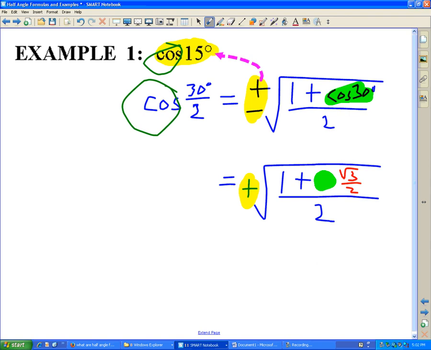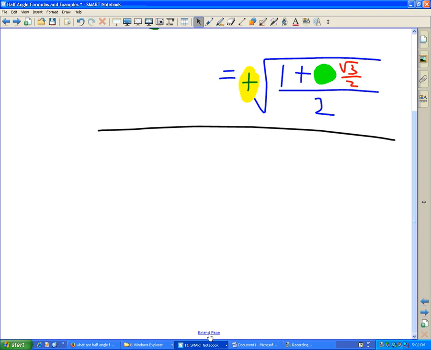Once again, you don't have to write that positive there, but if you wanted to for the first step, just to keep your thinking straight, no harm in that. Once you've substituted your ratios and made your two positive or negative decisions, you're really done with the trigonometry part of this problem. That is the end of the trigonometry. The rest of this problem becomes purely algebraic.